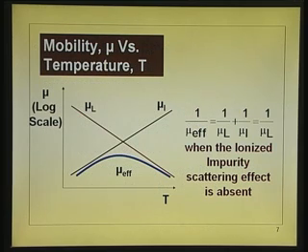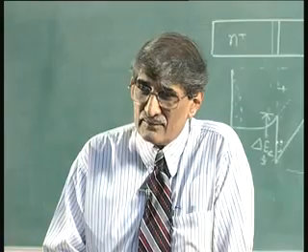As a result, this diagram we have projected earlier, mobility versus temperature on a log scale, of course, the mobility will keep on increasing as you lower the temperature due to ionized impurity scattering, because impurity scattering becomes more and more important when you go to lower temperatures.